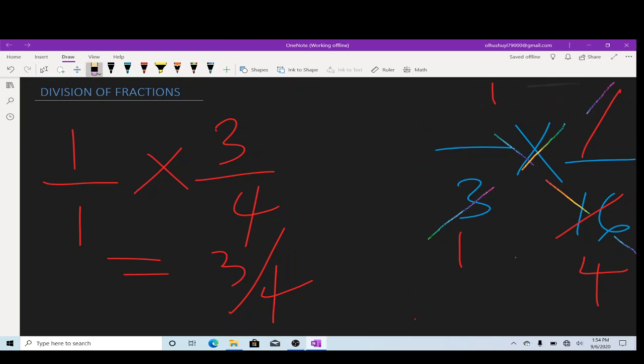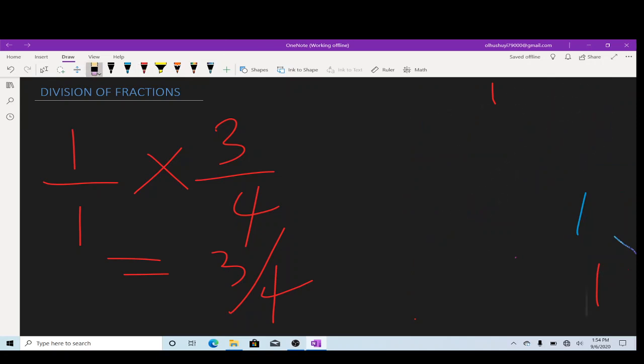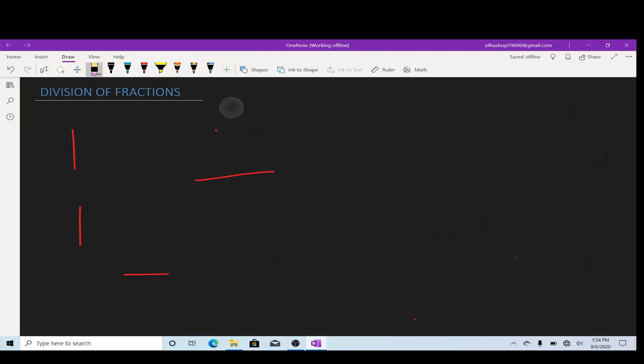Let me buttress on that with another example. If you are having mixed fractions to be divided, how do we go?